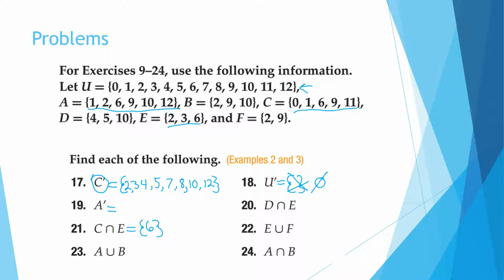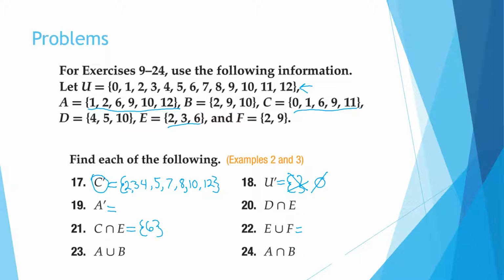E union F. This means all the items in E and all the items in F. I think of this as a cup that catches all of it. So I'm going to look at 2, 3, 6, 2, 9. I've got 2 listed twice, but it doesn't matter if it's listed once or twice.